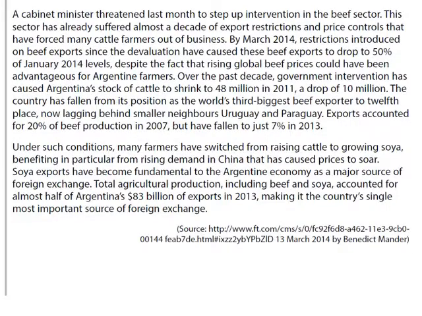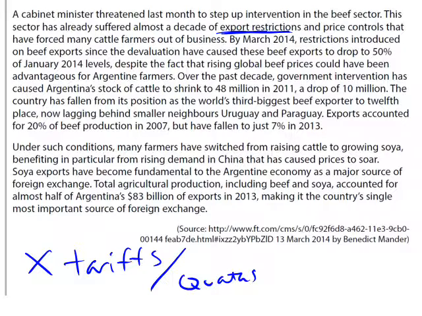A cabinet minister threatened last month to step up intervention in the beef sector. The sector has already suffered almost a decade of export restrictions. So what I was saying earlier about being careful, that this is about protectionism, but export protectionism. So the export restrictions could be export tariffs, or they could be export quotas.